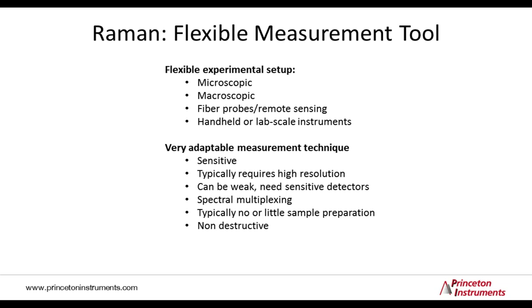As a measurement technique, it's very sensitive to different environmental factors. It typically requires high resolution in the spectral detection system, and it can be quite weak and requires sensitive detectors. However, it typically also requires no or very little sample preparation, and it is non-destructive.